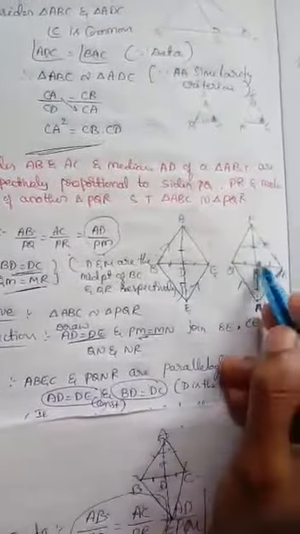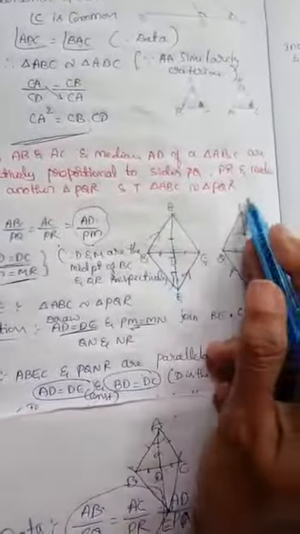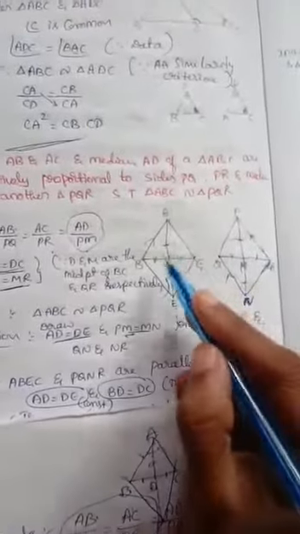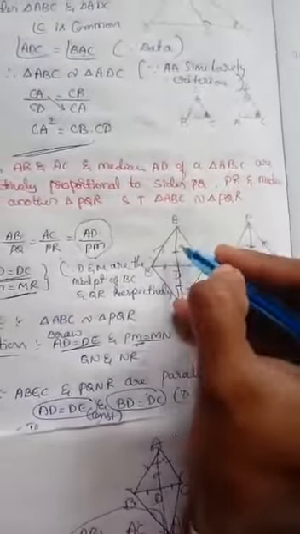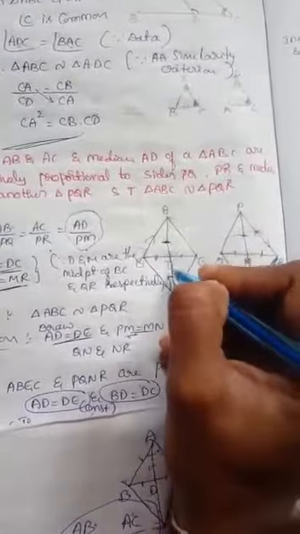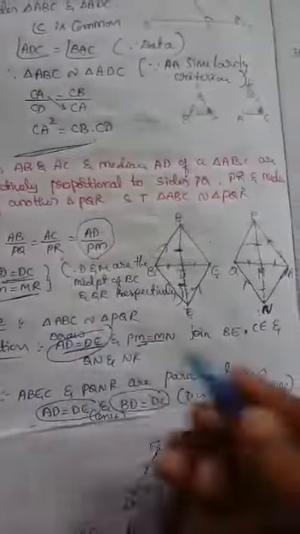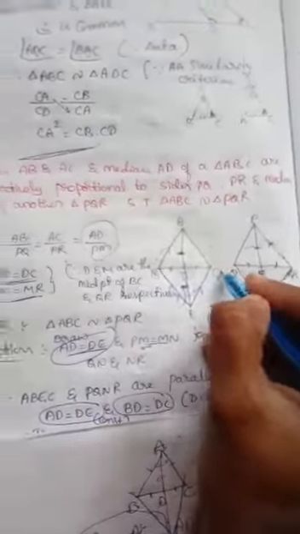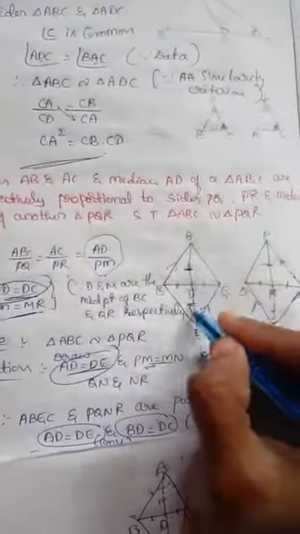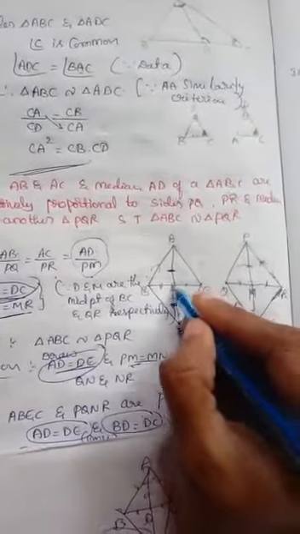First, we observe that in the two quadrilaterals ABEC and PQNR, the diagonals bisect each other. AD is equal to DE by construction and BD is equal to DC by data. When two diagonals bisect each other, the quadrilateral is a parallelogram.